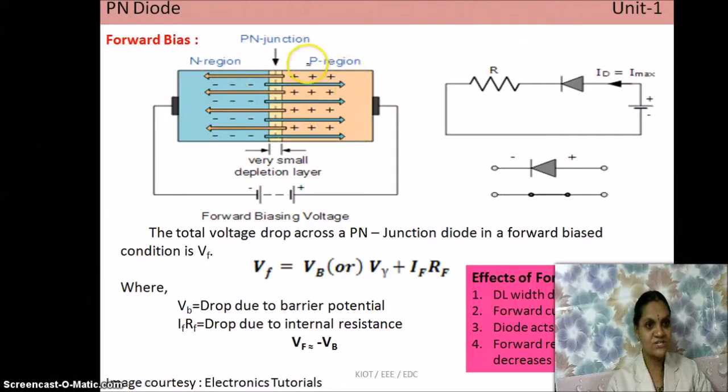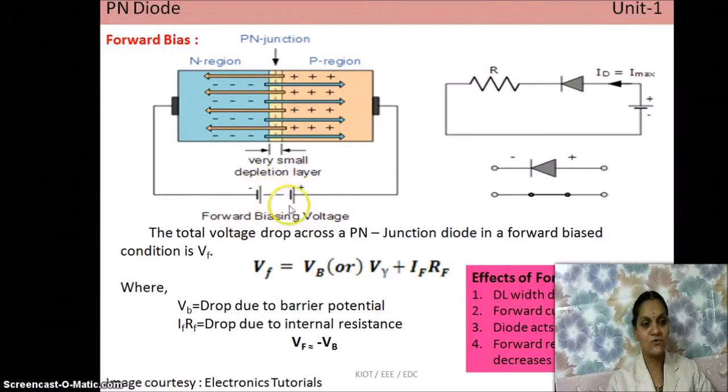This is the P region, having majority charge carriers as holes, and this is the N region, having majority charge carriers as electrons, and we are providing forward bias. So the P region is connected to the positive terminal of the battery, the N region is connected to the negative terminal of the battery, and this is the forward bias connection.